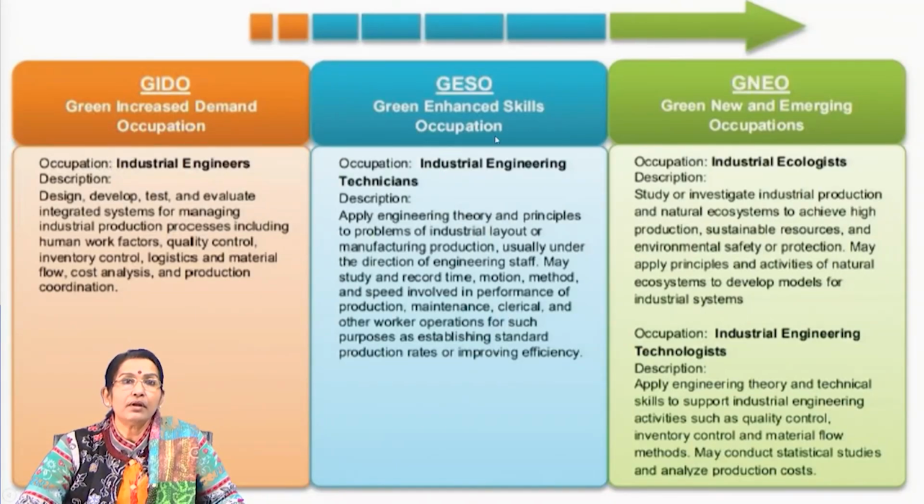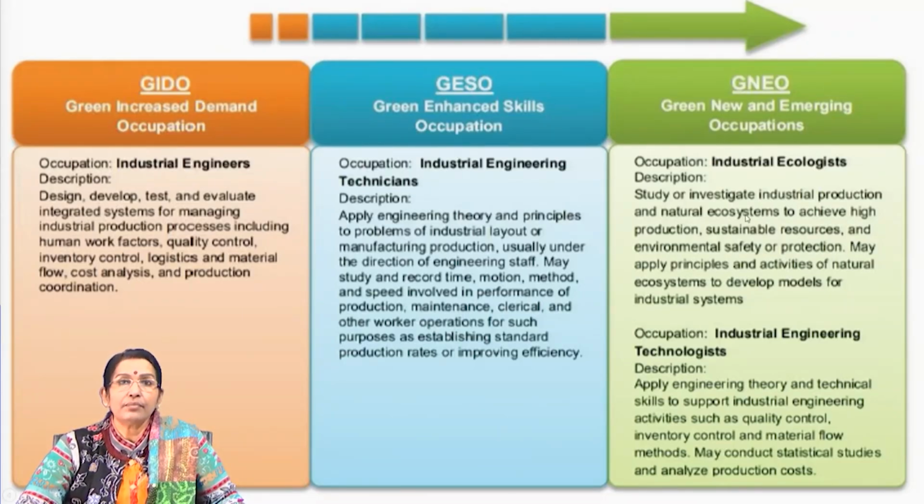So, this is an example. For instance, there is a course on industrial engineering. From the present occupation demands, how we can enhance the skills and competencies, and how we can move forward. For example, simple planning and implementation, etc. Now, we have moved towards strategic logistics, etc. Similarly, from simple industrial engineering to industrial ecologist, how can we move on?